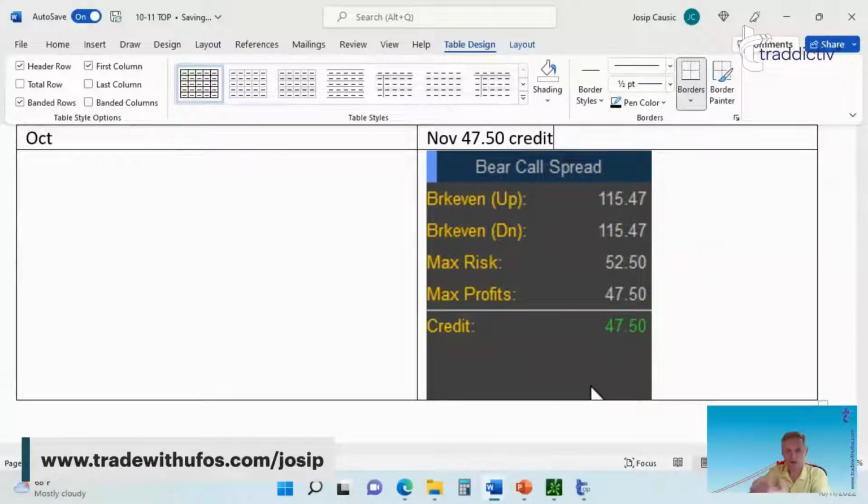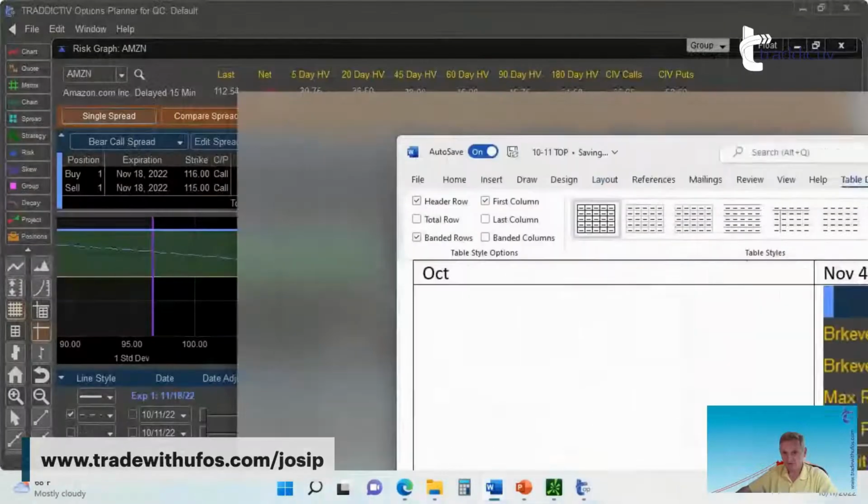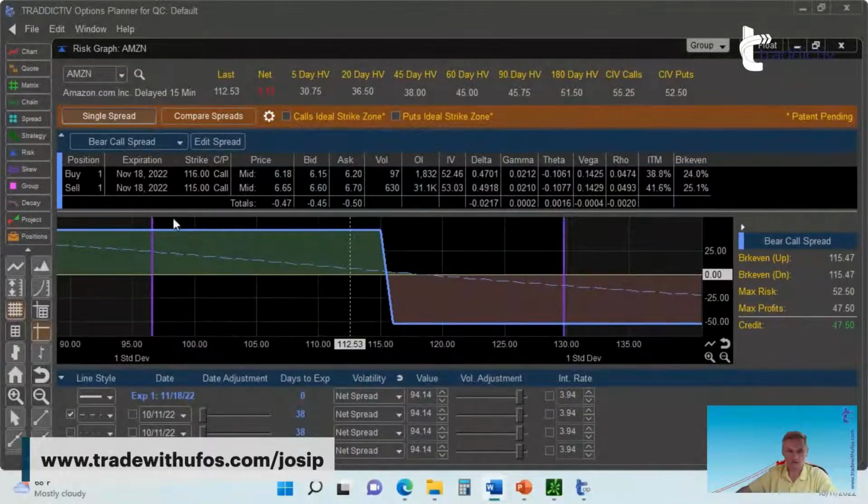Expect this to drop when I change this to October. Based on that, I'm going to decide whether or not I really want this trade or the one I will move to something else. But as of now, I like the way the chart looks.